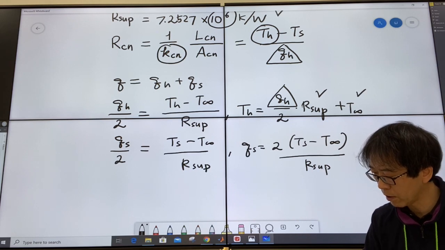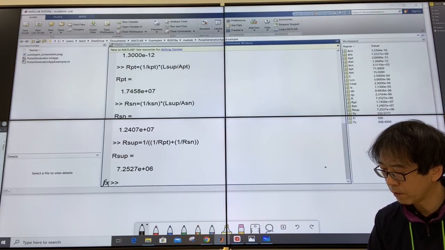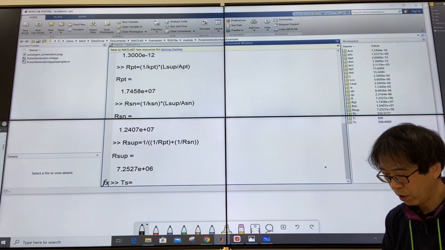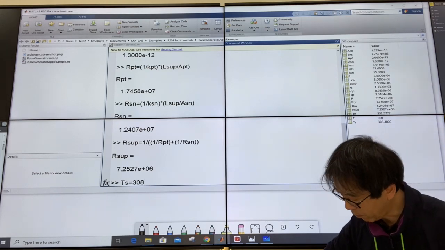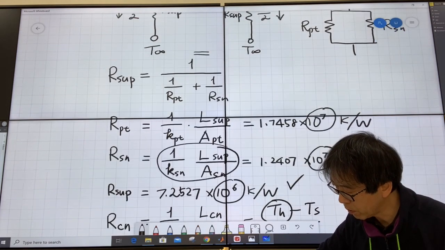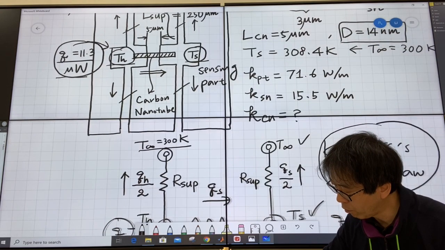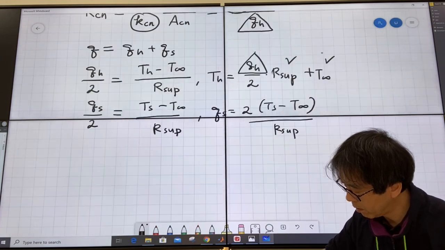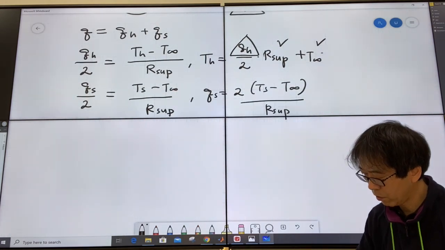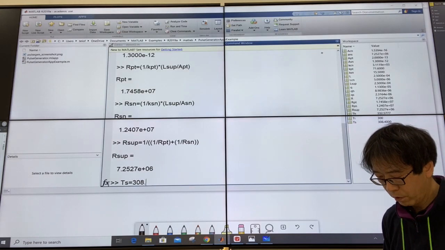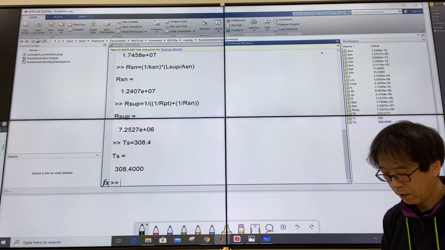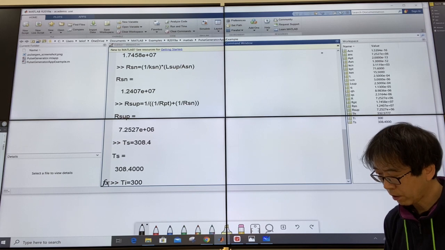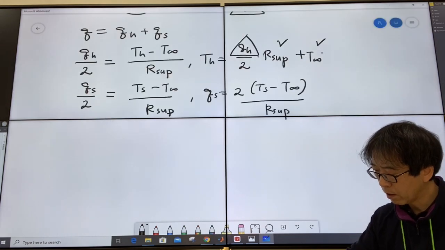Can you calculate it? Yes. What was TS? TS is given, right? TS was 308 point something. I forgot. Let me take a look at that. 308.4 Kelvin. So TS was 308.4 Kelvin. And what is T infinity? It was 300 Kelvin. And how do you calculate QS?